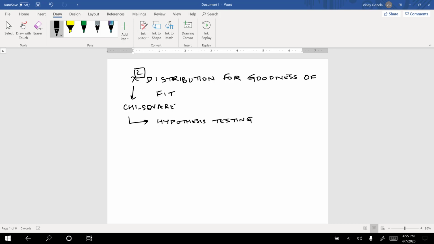As we discussed, the first step of hypothesis testing is to define your hypothesis.